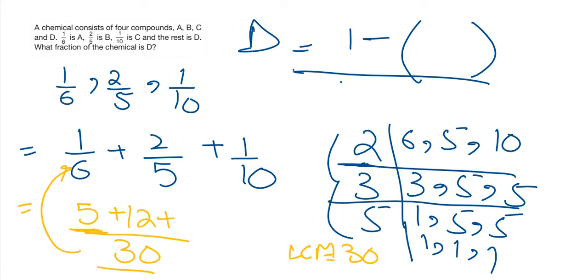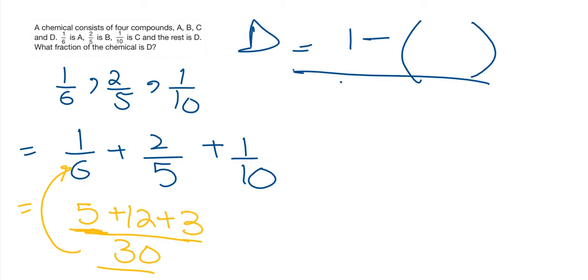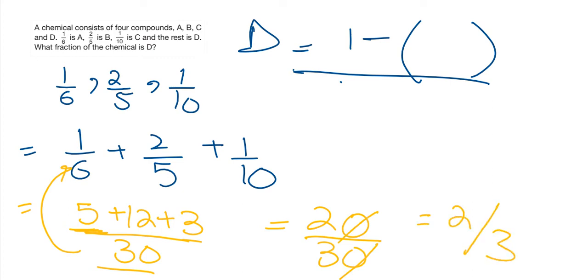When we divide 30 by 10, we get 3, and times it with 3. Alright, after adding all these together, we got 20 over 30. So we can easily cancel out these zeros, and the answer that we got is 2 over 3.